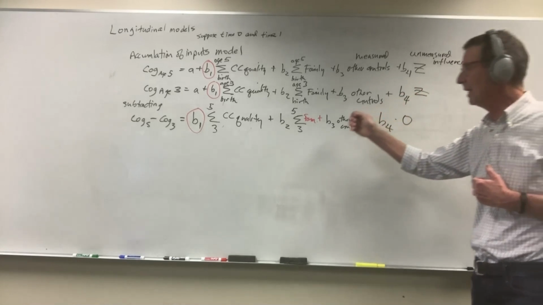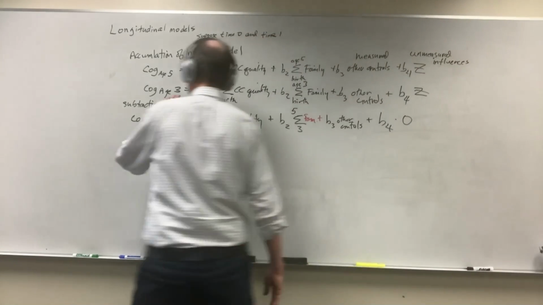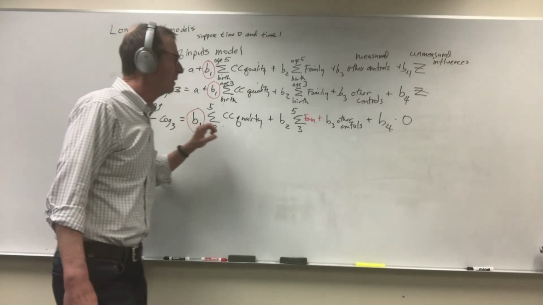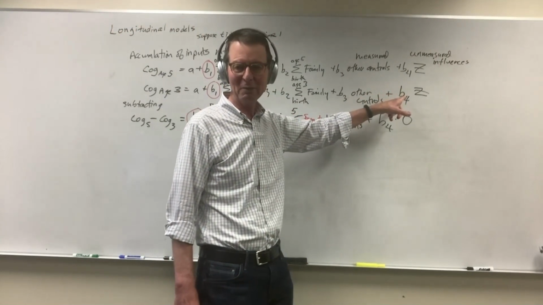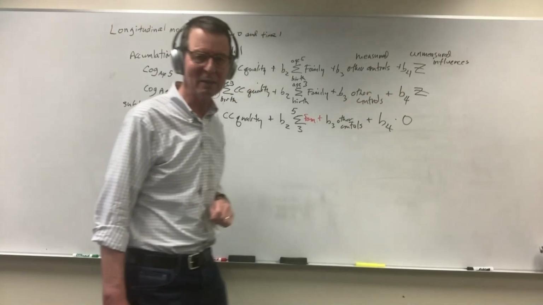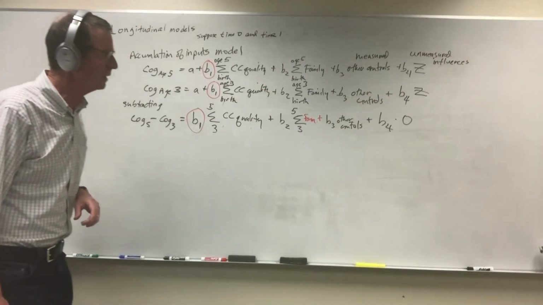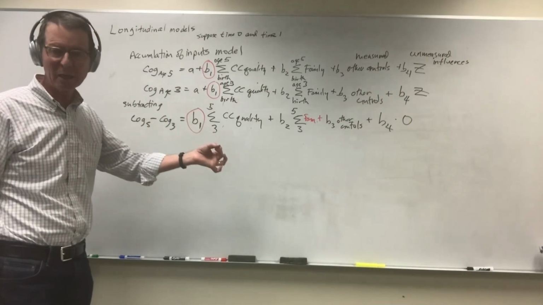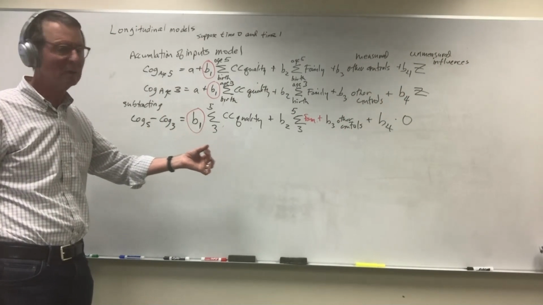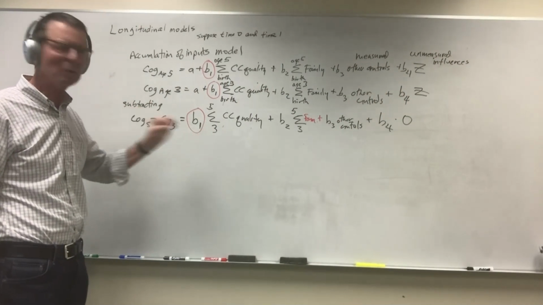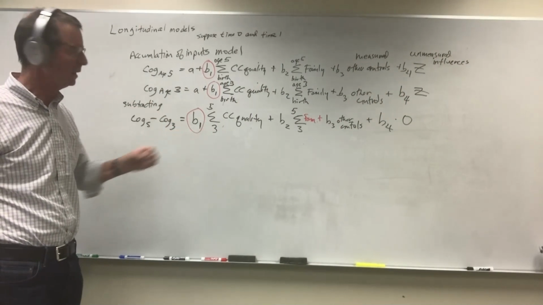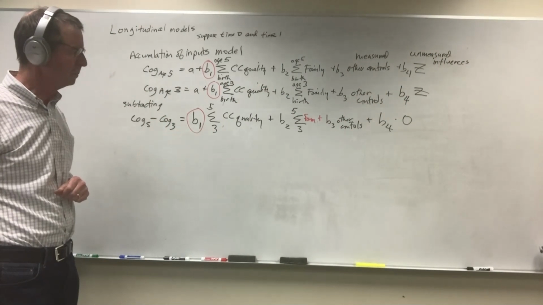If z at age 5 is different from z at age 3, then change in z between ages 3 and 5 belongs over here on the right-hand side. And if that's unmeasured, then that could be a lingering source of omitted variable bias. The persistent unmeasured influences do get differenced out completely. And that's a huge benefit.